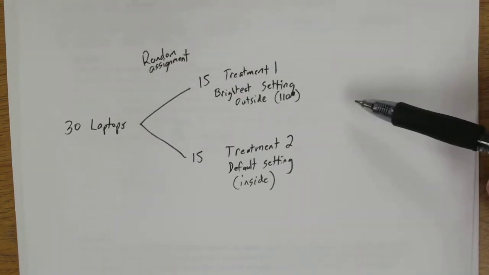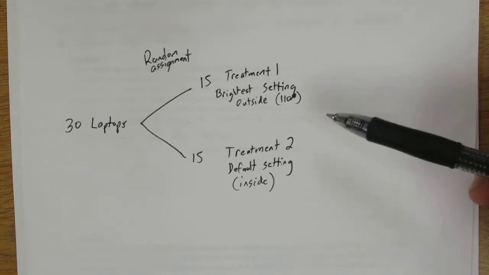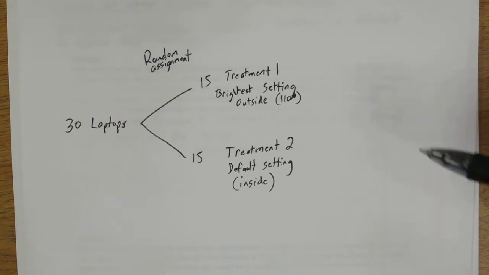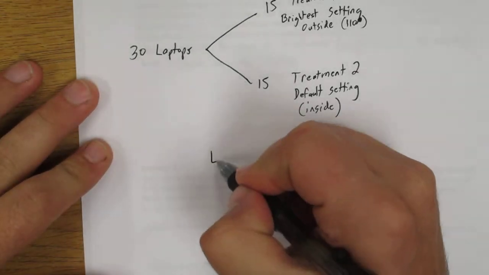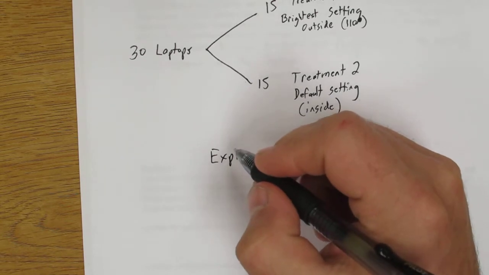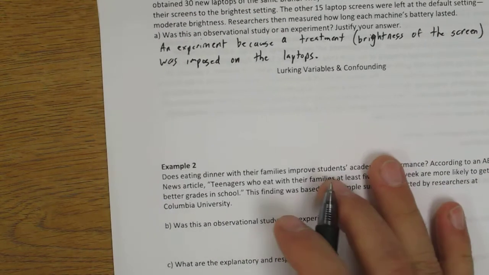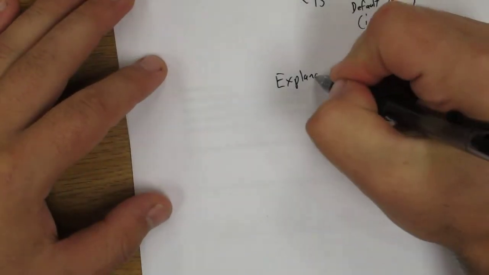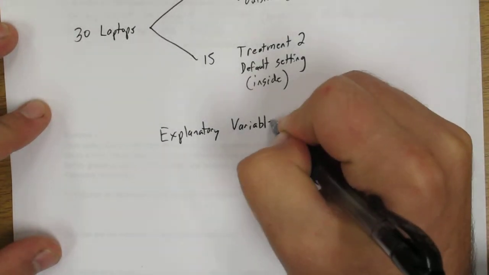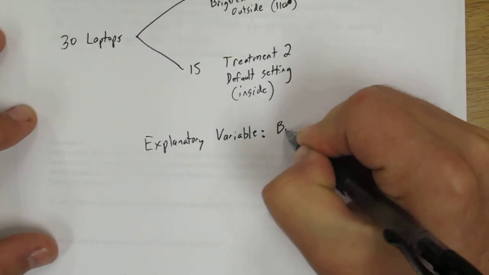Now, the idea of this experiment was to figure out if an explanatory variable, screen brightness, had an effect on a response variable, battery life. Let me actually write that here. So in this case, the explanatory variable was brightness.